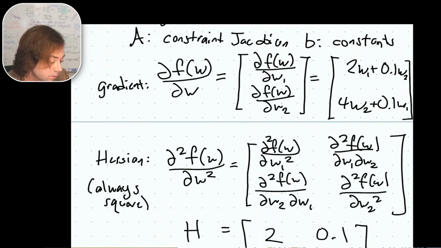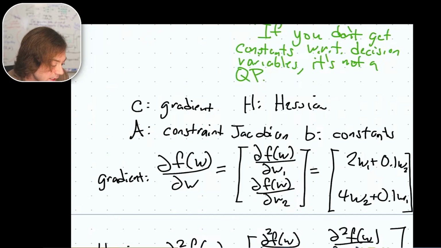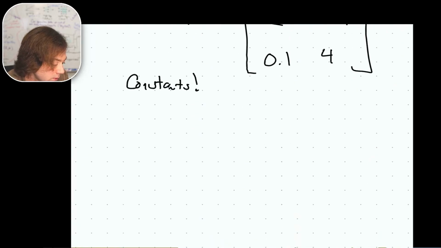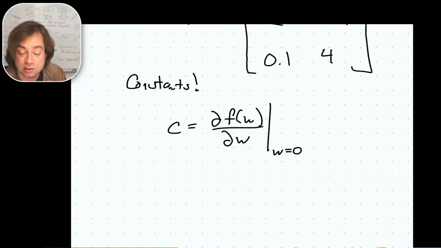So C, where's C? C is the gradient, but specifically, C is equal to the gradient of the cost with respect to your decision variables, where W equals 0. Meaning you substitute in zeros for all your decision variables.